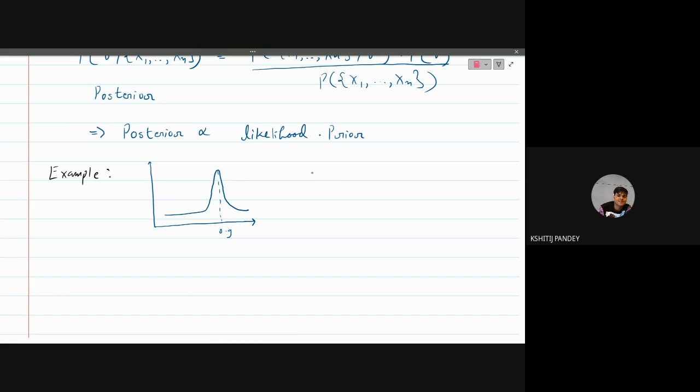And after seeing the data, well, the data we have is this. It has a lot of zeros and few ones. So this is contradictory to our prior belief. So it will significantly change our posterior. The posterior we'll have will be very different from our prior.